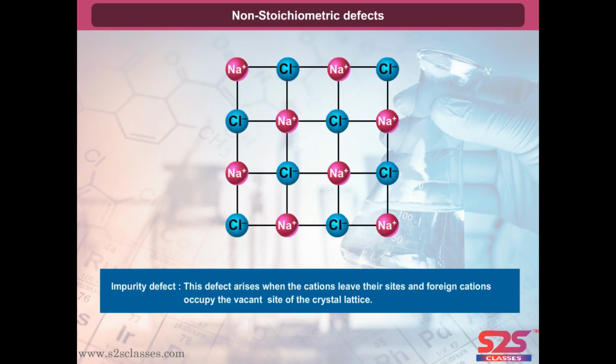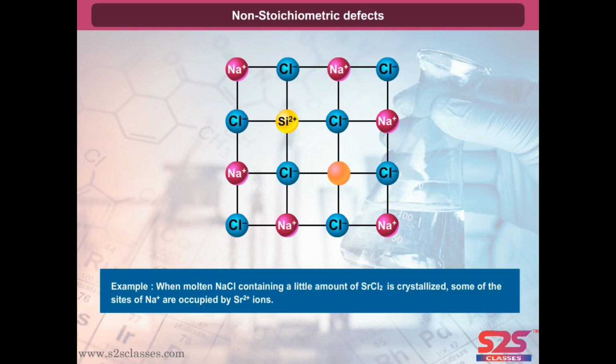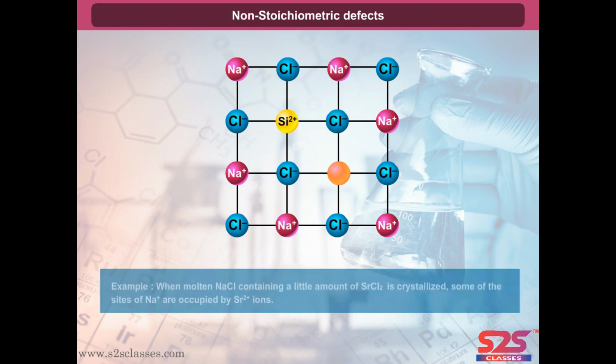Impurity defect. This defect arises when the cations leave their sites and foreign cations occupy the vacant site of the crystal lattice. Example: when molten sodium chloride containing a little amount of strontium chloride is crystallized, some of the sites of sodium ions are occupied by strontium 2+ ions.